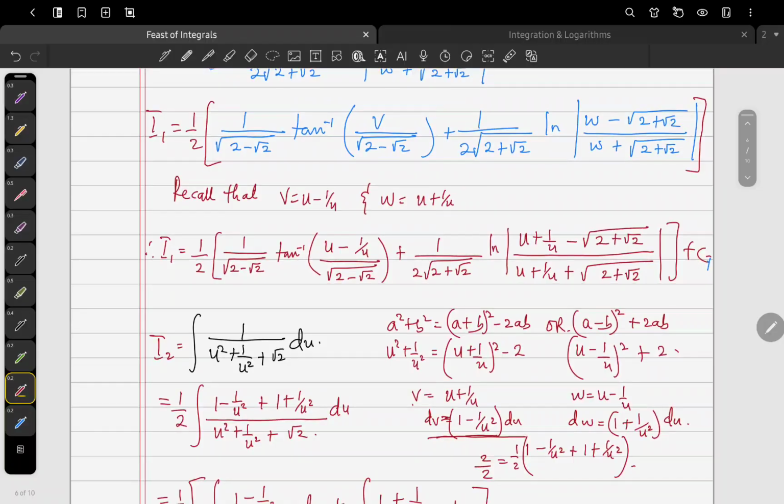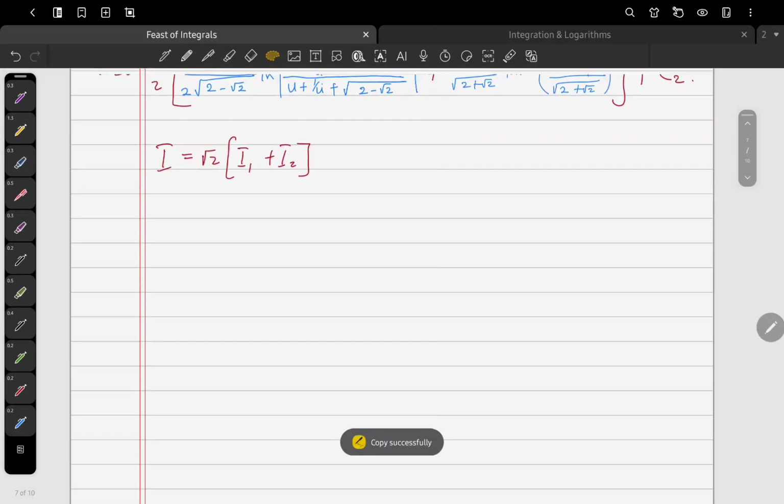I1 is this monstrosity. So we copy this for I1.